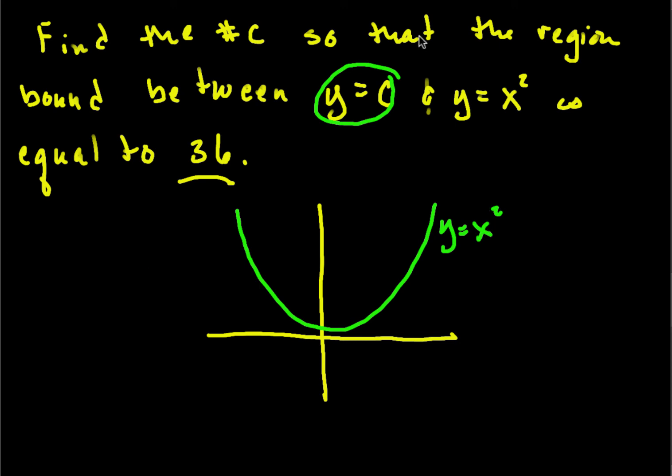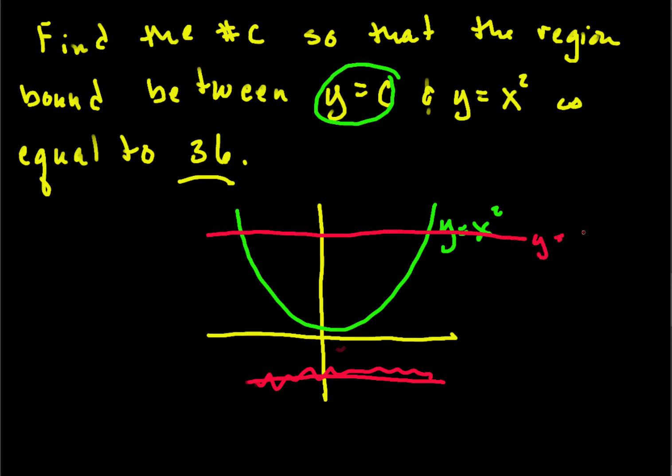Well, c can be any number, but I want it so that it bounds some region. If c is negative, these guys would never intersect and there'd be no region bound between them. So that is not a candidate for C. In fact, C is going to have to be positive in order to have some intercept.